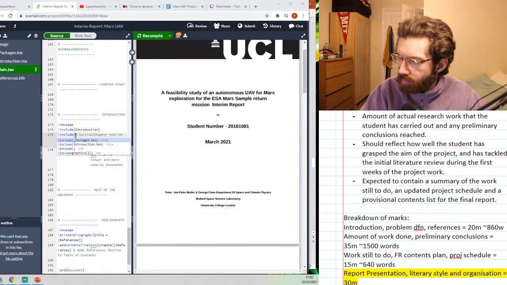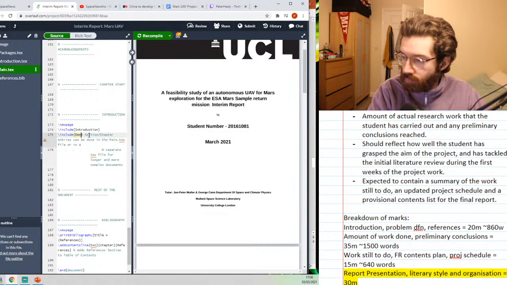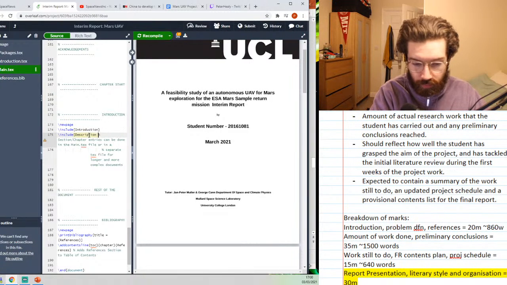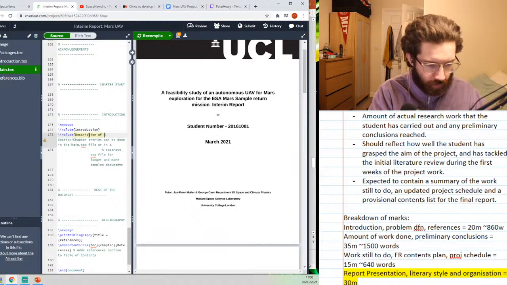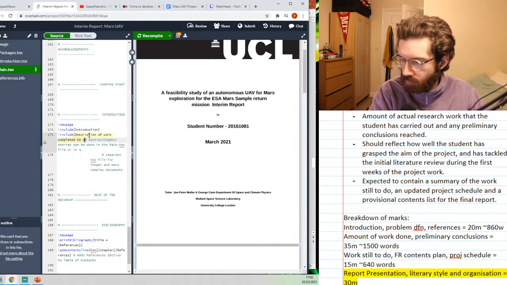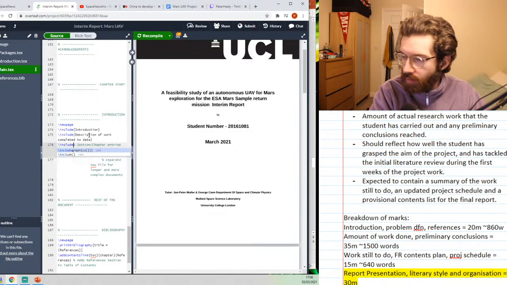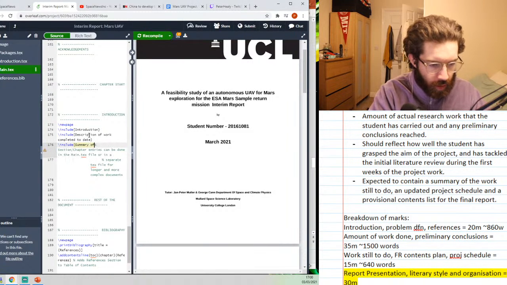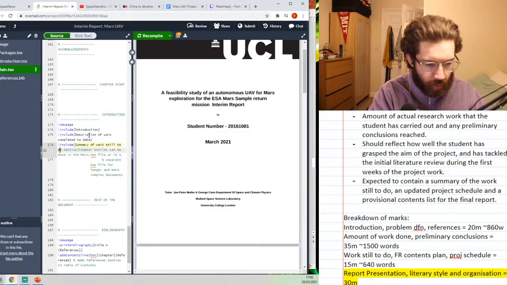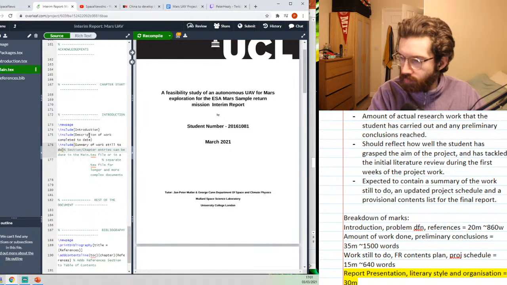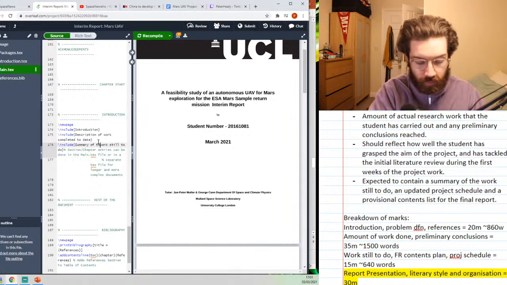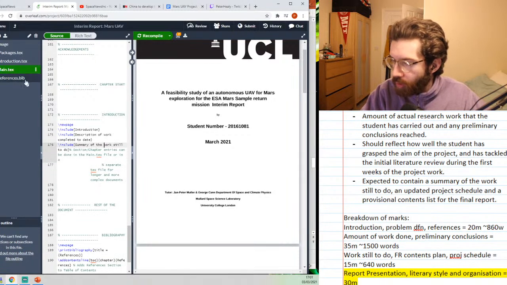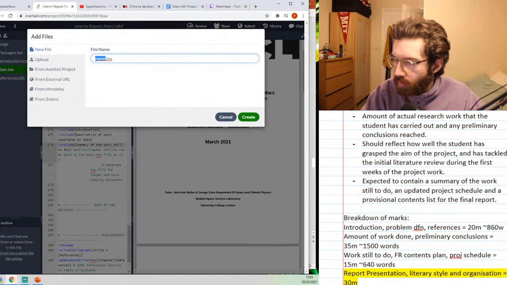Okay. And then lastly, summary of work still to do. Nice, this is looking pretty nice. And now can I include... oh, new file, okay.